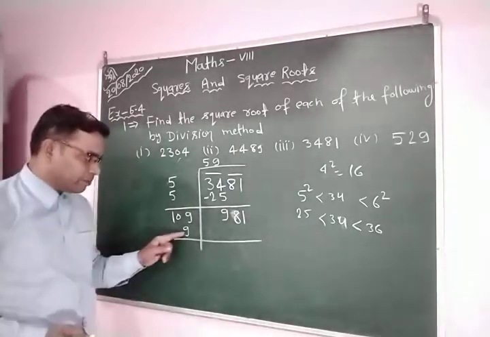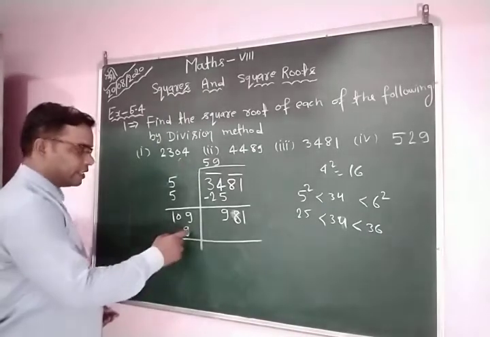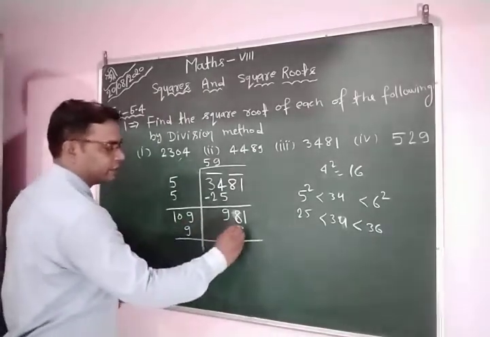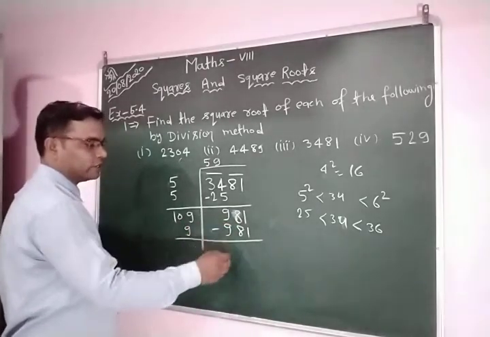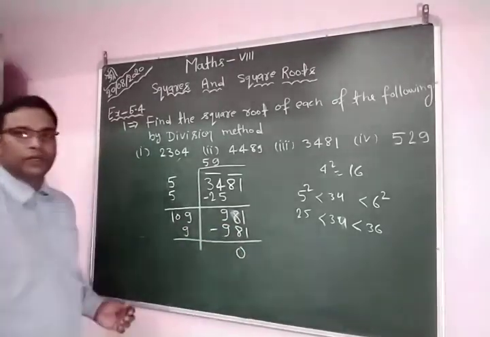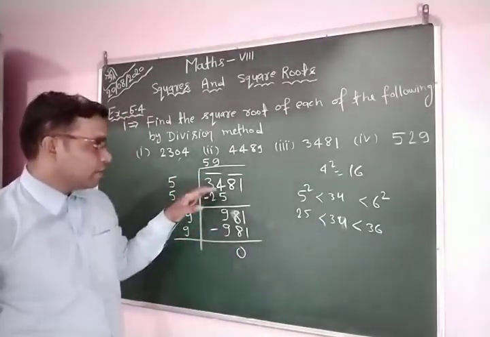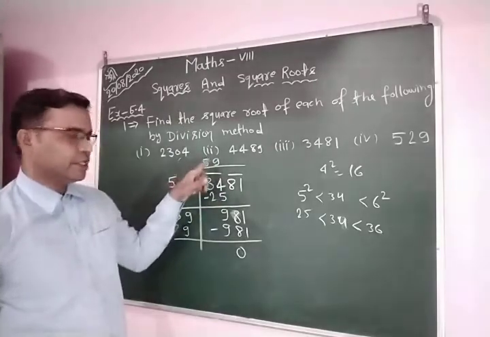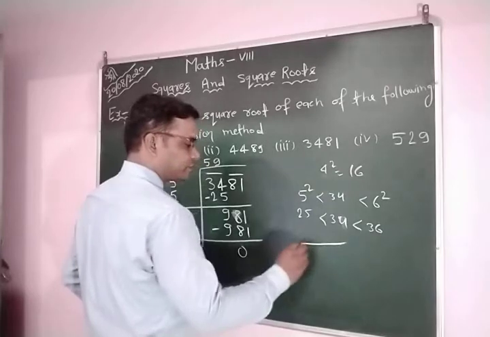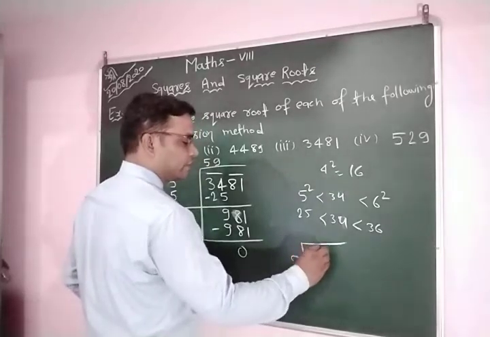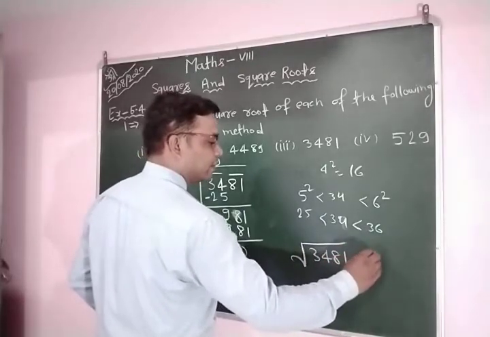So multiply 109 by 9: 9 times 9 is 81, and 9 times 1 is 9. Subtract this, and we obtain 0. When we obtain 0, it means that the square root of this number is this quotient. So you can say that the square root of 3481 is 59.